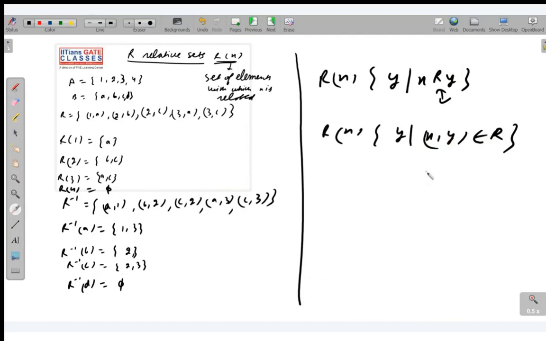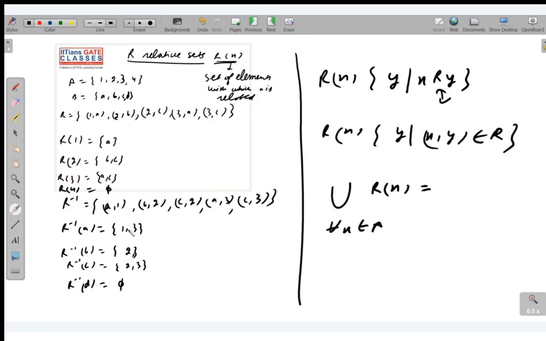Okay. Now an interesting question is coming. The union over all x belonging to A of R of x will be what? I just want to find R of 1, R of 2, R of 3, R of 4, and the union of all these. You will get the set of elements to which all these elements are related.